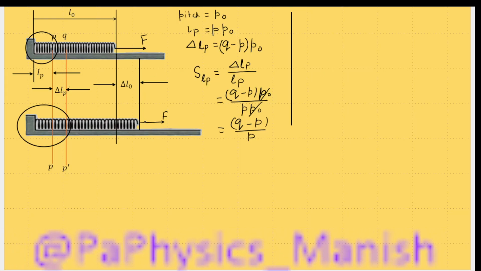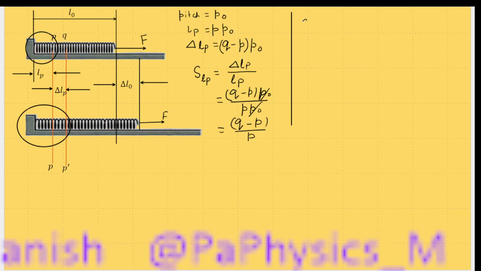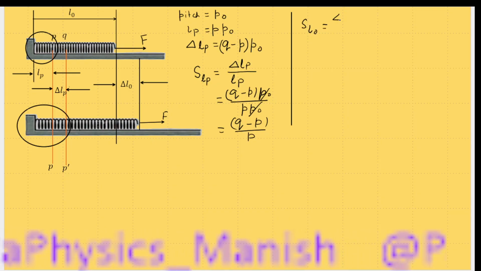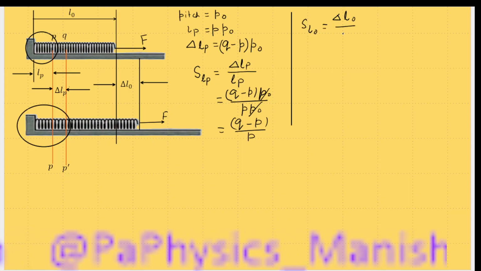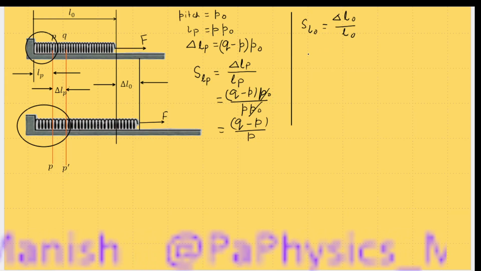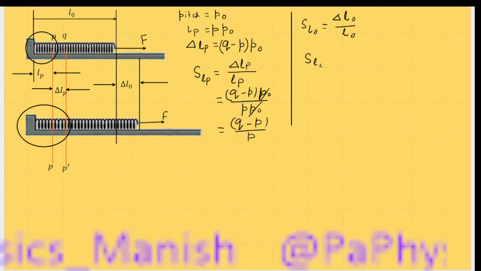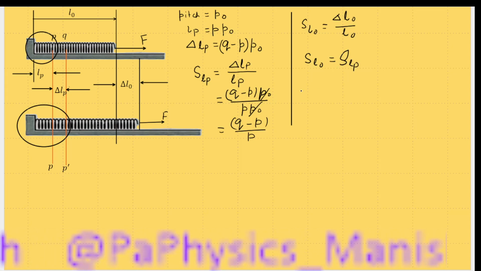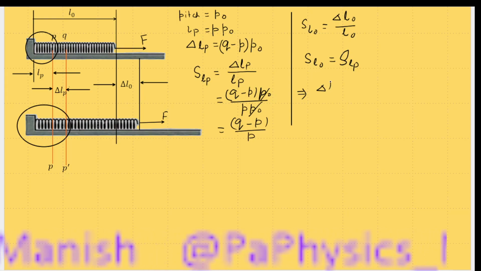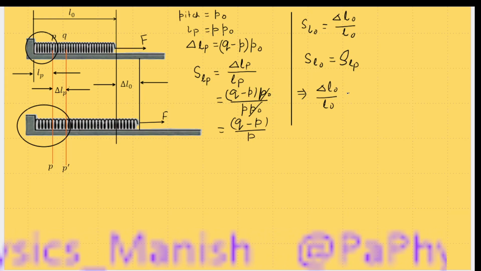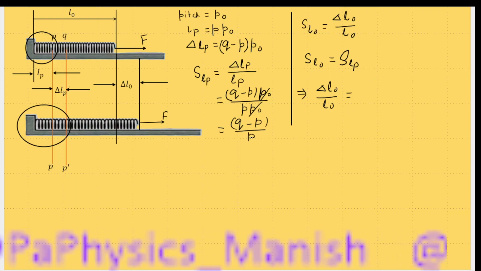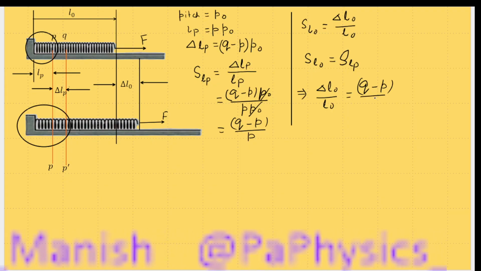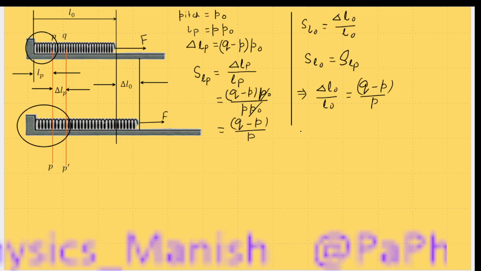Now we can check the strain in the entire length of the spring, delta L naught by L naught. Since it is a linear spring, the strain for any segment will be equal, so strain in L naught will be equal to strain in LP.